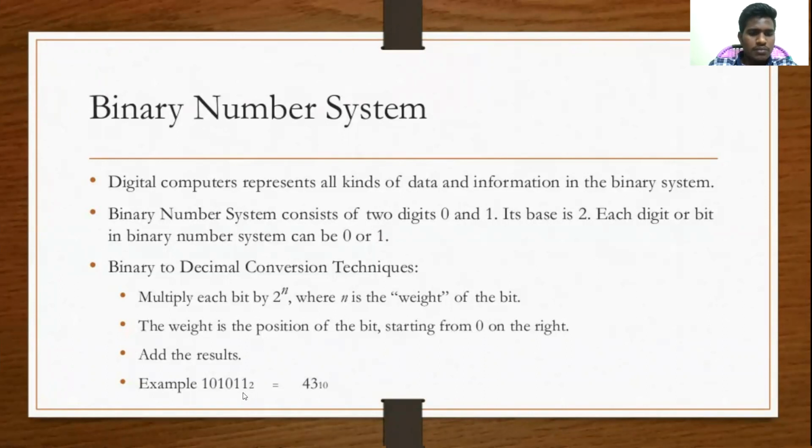Starting from the right side, bit 1 into 2 power 0, 1 into 2 power 1, 0 into 2 power 2, 1 into 2 power 3, and so on. After this, add each bit value, that is 1 into 2 power 0 plus 1 into 2 power 1 plus 0 into 2 power 2, and so on. Then we will get the decimal number. We have converted binary to decimal.